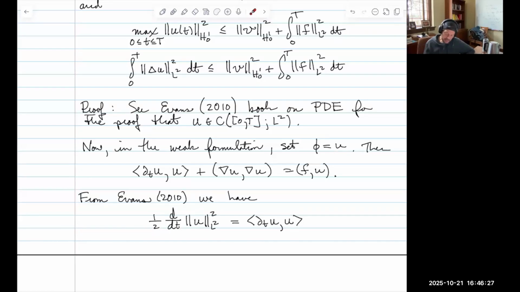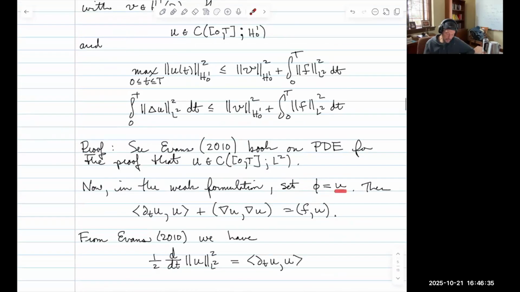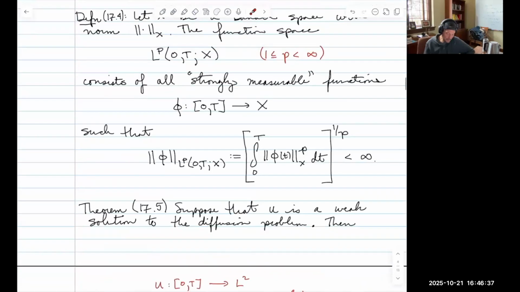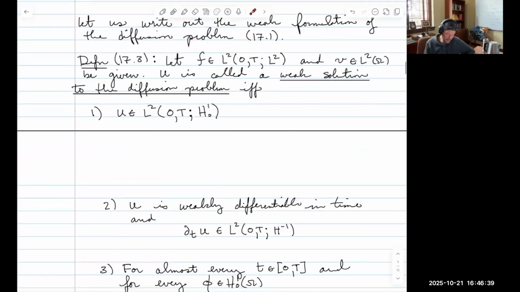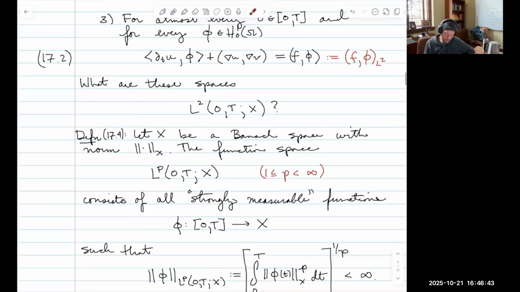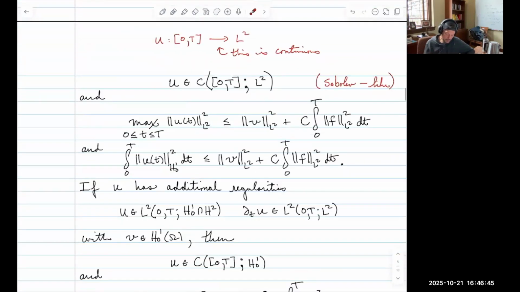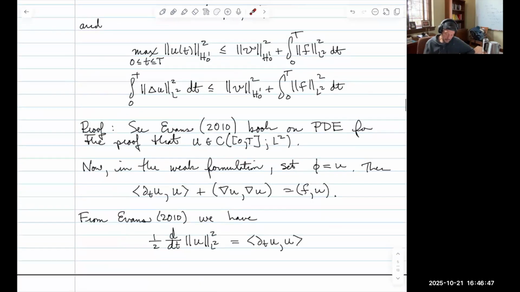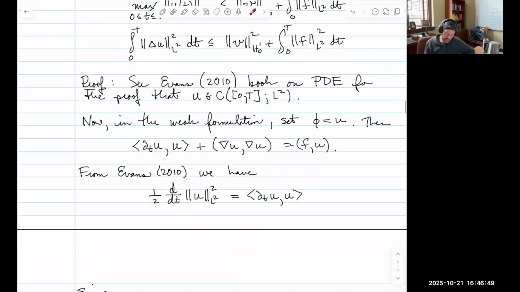The answer is yes, we can do this because in the spatial sense, u is an H01 function. We have to go back up to recall that it's H01 in its spatial component or its spatial extent, and therefore we can substitute it in for the test function.